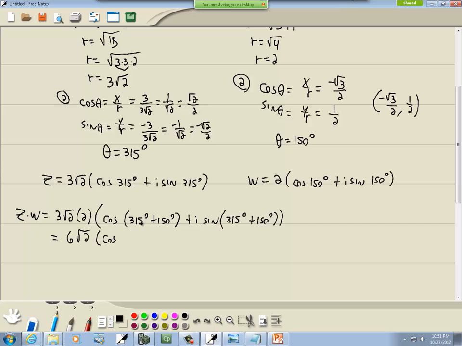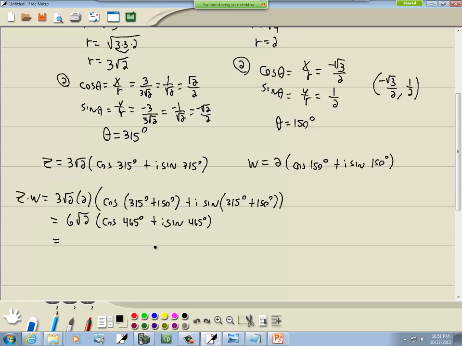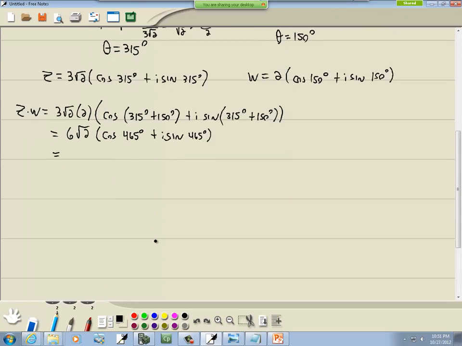Cosine, add these together. 315, 415, 465. Yeah, 465 degrees plus i sine 465 degrees. Well, the angle has to be between 0 and 2 pi or 0 and 360 degrees, not including 2 pi and 360.